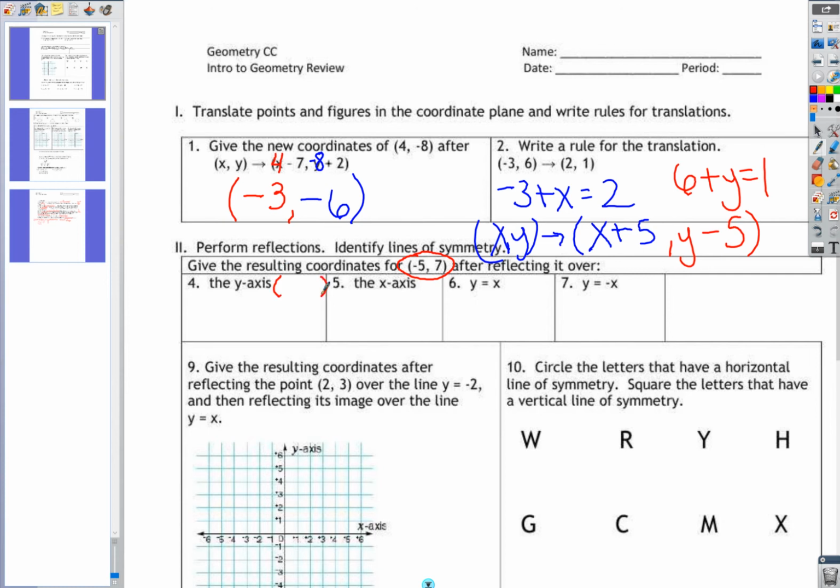Change the sign of x, and then my y just comes down. So if I have negative 5, 7, and I change the sign of my x, my negative 5 becomes positive 5, and my y just comes down. So I get 5, 7.